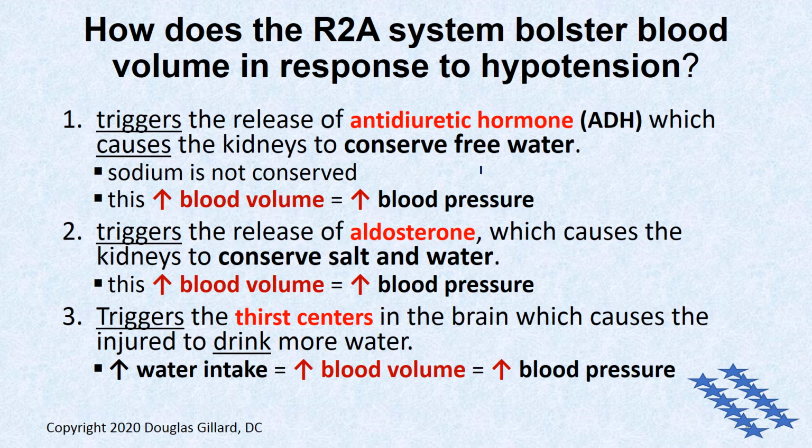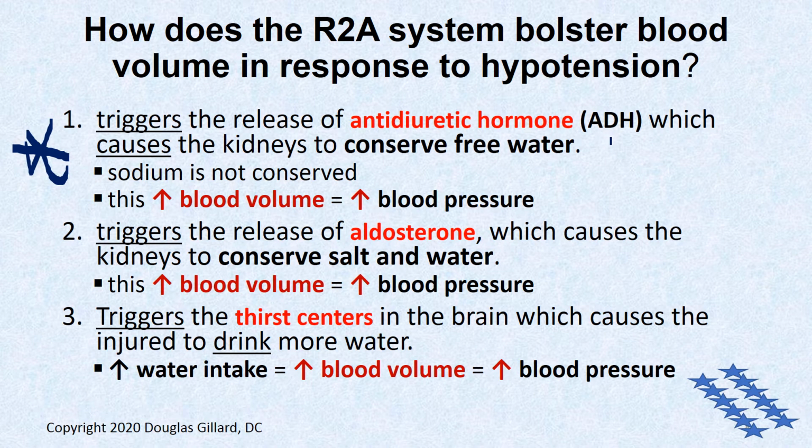Weird though, this is one instance where sodium doesn't go first, because remember, water usually follows sodium around like a puppy dog. But in this case, no, it's free water, conservation of free water without sodium. Hopefully you know that by now, but that's a really general board physiology question. And what was the AKA that you don't know for ADH?